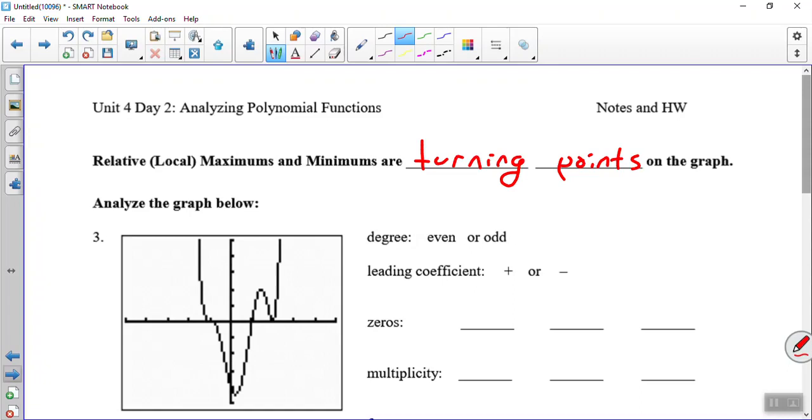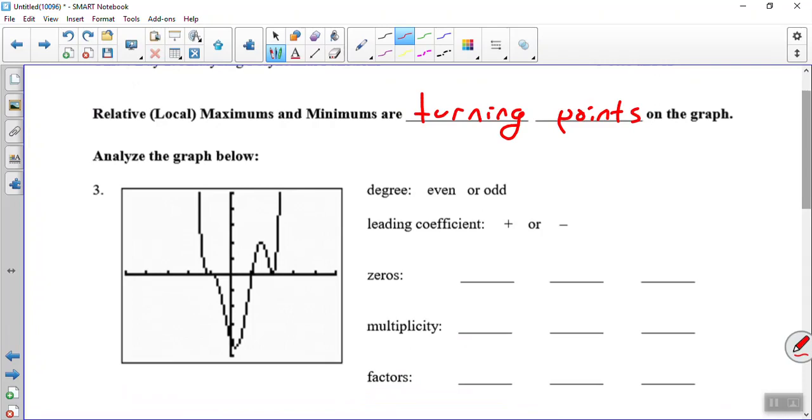Okay, so this graph down here that we're going to look at, this point here and this point here, those are relative or local maximums and minimums, because where they are, that's the highest point for that location. This one here. But the graph keeps going this way. So it's not the maximum, the absolute max of the graph. It's just a local max for that location. It's relatively the highest point for where it is, but it's not the highest point of the whole graph.